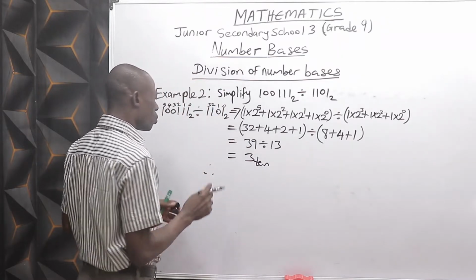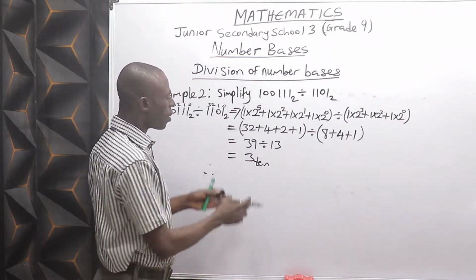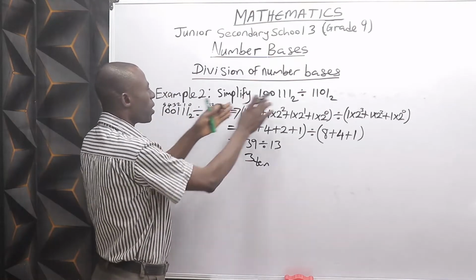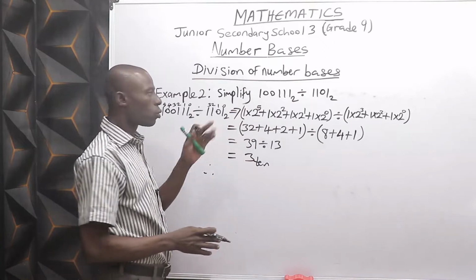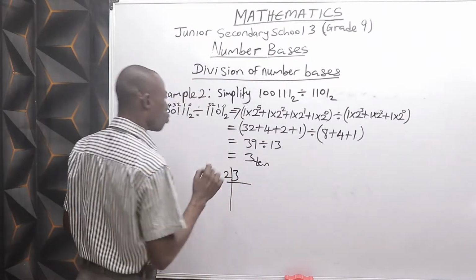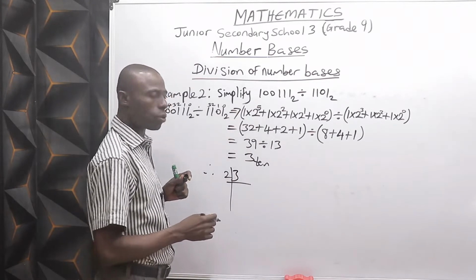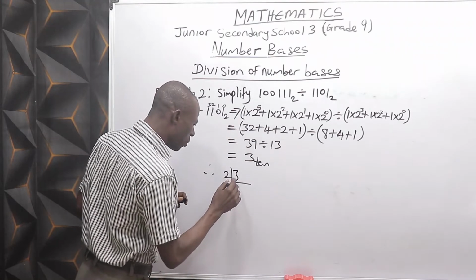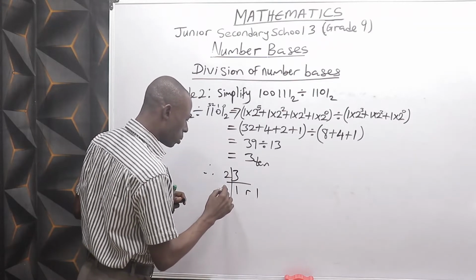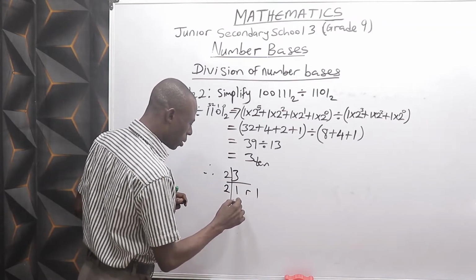Therefore, to get our final answer, convert that 3 in base 10 to base 2 to fit in as the answer to the question. So we have 3 divided by 2. We are converting it back to base 2. 2 divides 3, we have 1, remainder 1. 2 in 1, impossible.